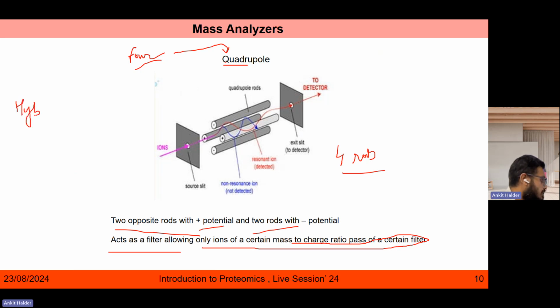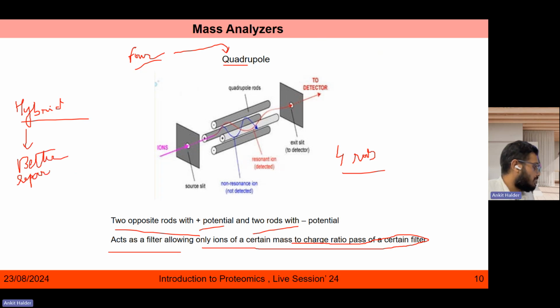Now the different high resolution, high end mass spectrometers are generally hybrid mass spectrometers. Why? Because this combination of two mass analyzers helps us get better separation of ions.